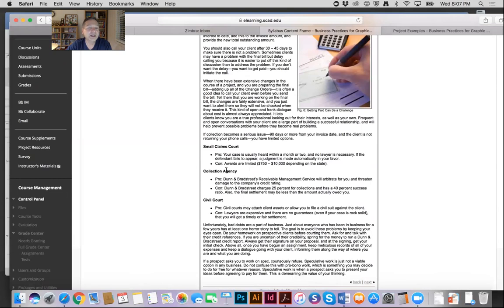If you have to go to a collection agency, good luck, because they don't have a great success ratio, and you still have to pay them. If you get anything back, it's going to be less than what you were owed. Civil court: if they're a corporation, it's going to be hard to sue them, because of the corporate veil. You can sue the corporation, but not them personally.